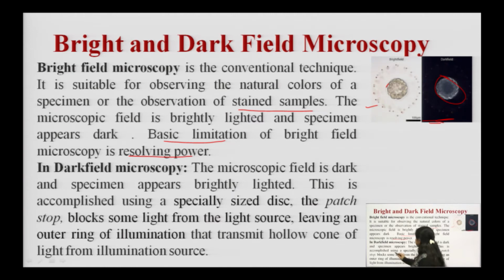This is accomplished using a specially sized opaque disc attached to the instrument to block the light, so that light will not pass through the whole slide, but only through the image. So your image looks brighter, but the whole background looks darker.